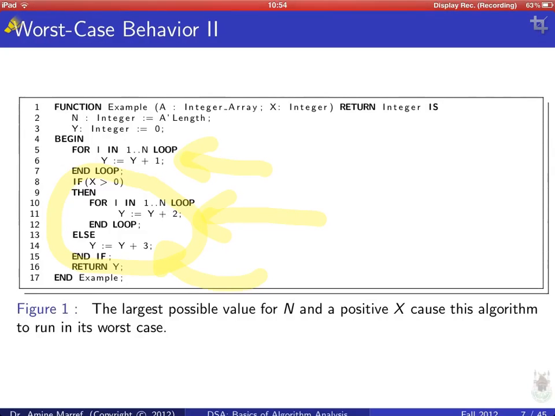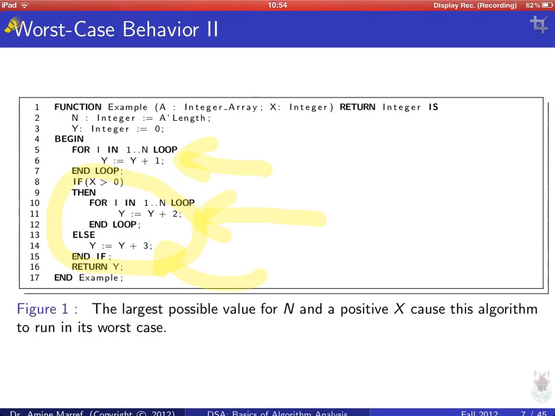So for now, we want to write an algorithm which solves the problem of summing up the natural numbers from 1 to n. So we want an algorithm that gives us the sum of the numbers from 1 to n.